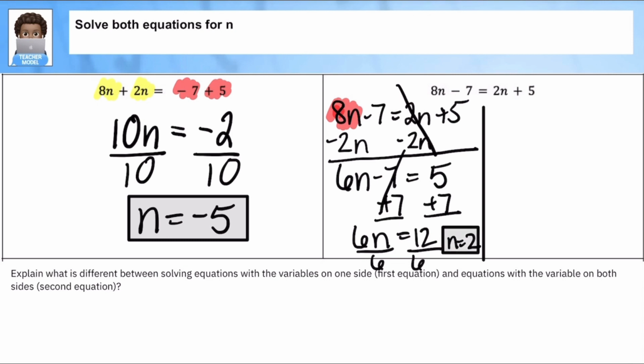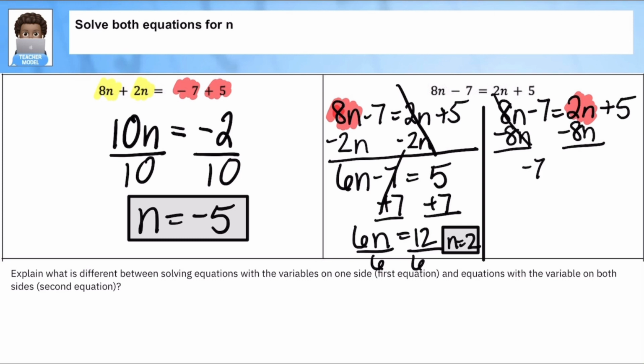All right, but let's say you moved it the other way. Remember I said you and your partner might have different answers. So let's say your partner decides, I want all my variables on this side. That means you're going to eliminate 8n from the other side. I'm going to add its opposite, and that leaves me with -7 is equal to -6n plus 5.